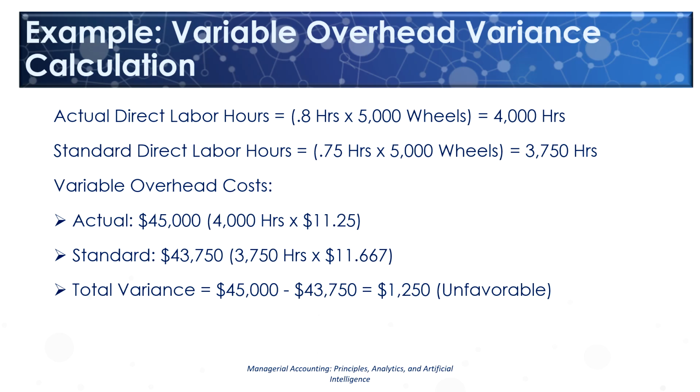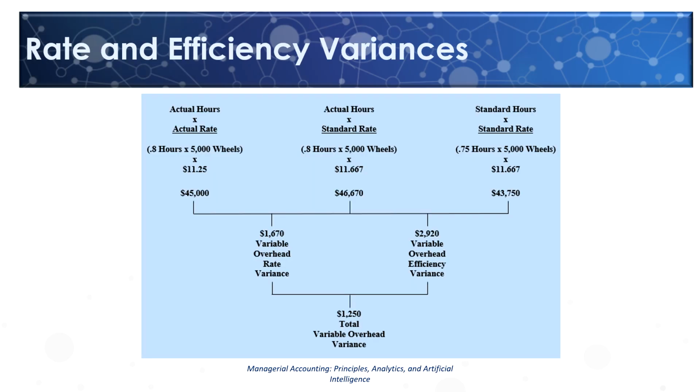That's compared to standard variable overhead, which is based off of an expected number of hours of 3,750 hours times a standard or expected variable overhead rate of $11 and approximately 67 cents per hour. This results in a total variance of $1,250, which is unfavorable because the actual variable overhead is higher than the standard. What's the root cause?